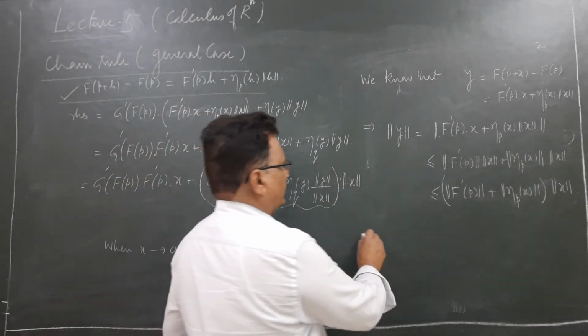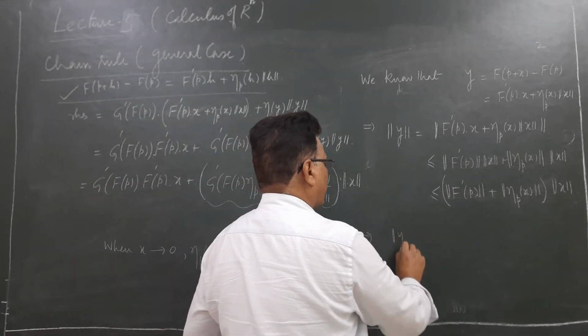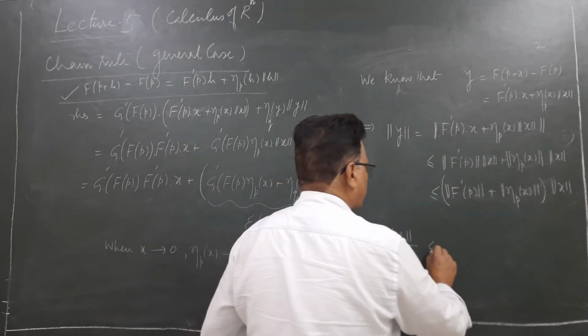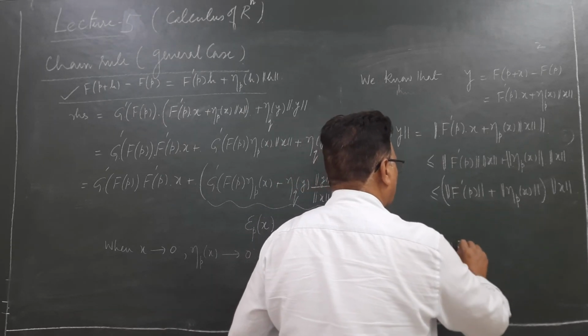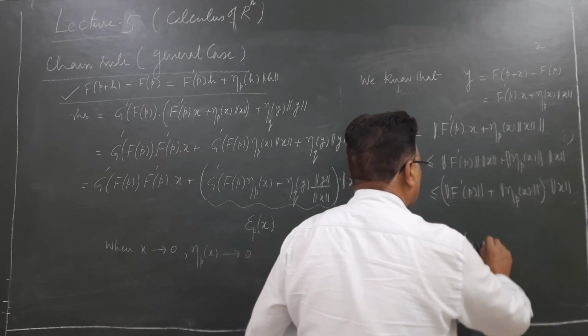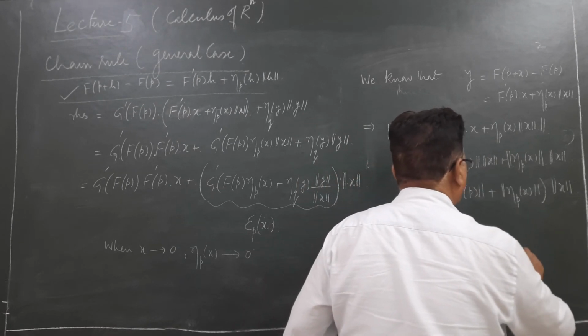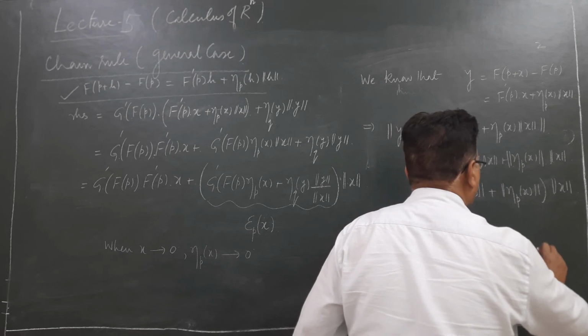And this implies that norm of y upon norm of x is less or equal to norm of f dash p plus norm of eta p.